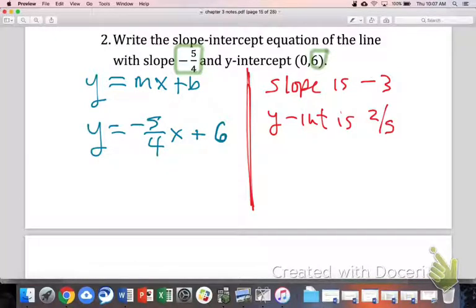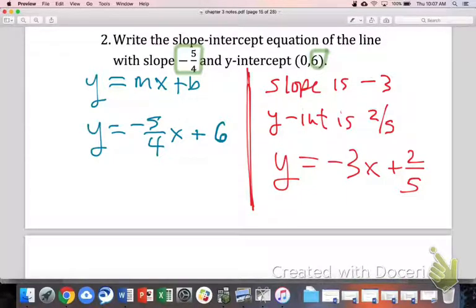So please write the equation of the line that has a slope of -3 and a y-intercept of -2/5. This was the answer. Like so.